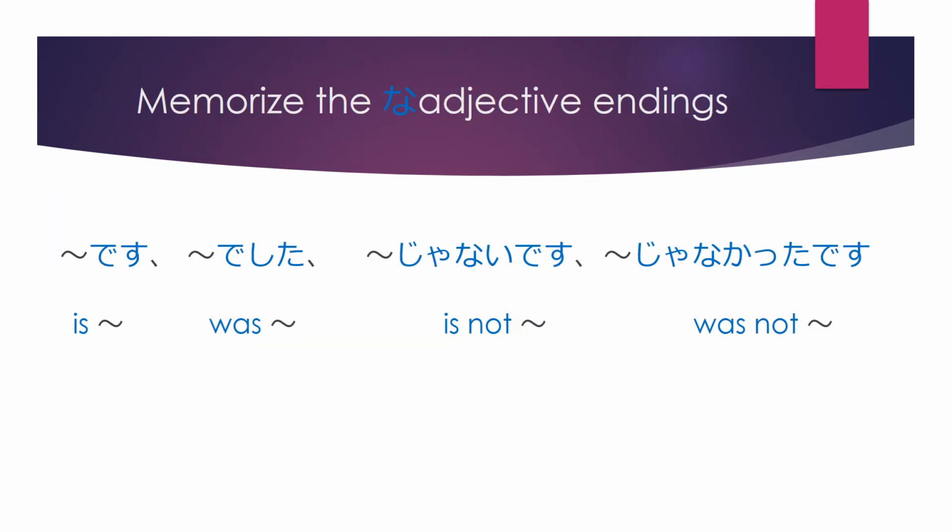So just as you can learn a string of endings for i adjectives, you can do the same with na. So it would go です、でした、じゃないです、じゃなかったです to mean is, was, is not, was not.